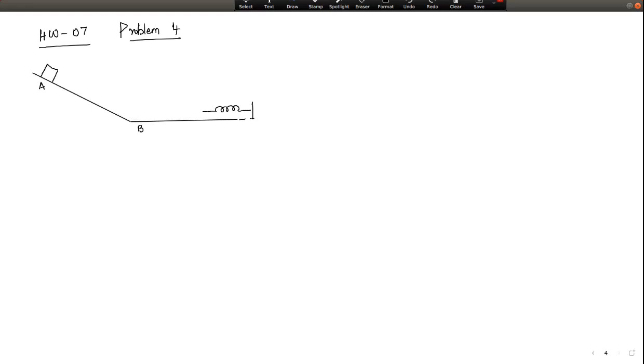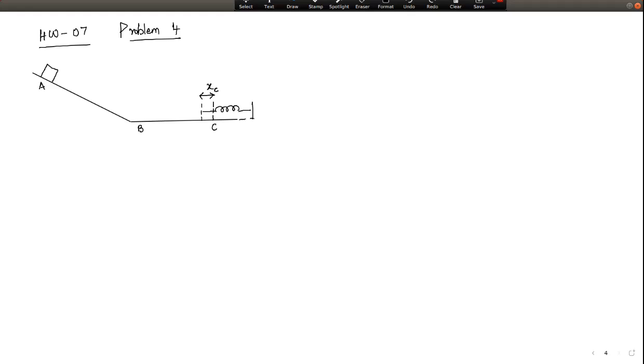This is its original position, and after compression, this is the point. So that's point C, and that's the compression x. Let's call that x_C as we did in the class in the morning. That tells the compression in the spring when the mass is at point C.